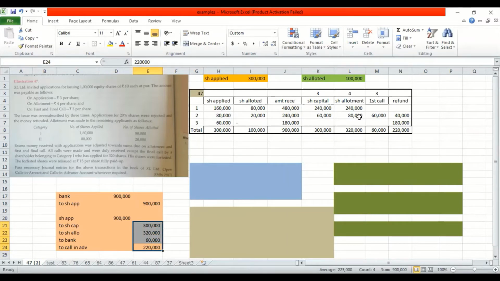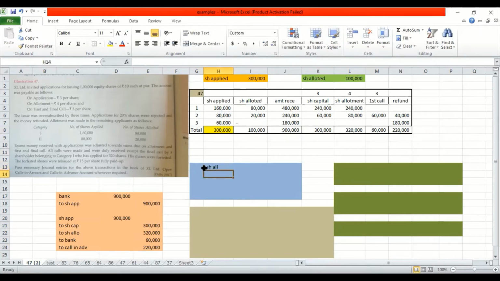Now once this entry is done, I always ask students to cancel this figure of 3 lakh. I am just marking it yellow so that I don't take this figure any further. Now my concern would be only with this figure of 1 lakh. So when I make my call due, what is the journal entry I will pass?